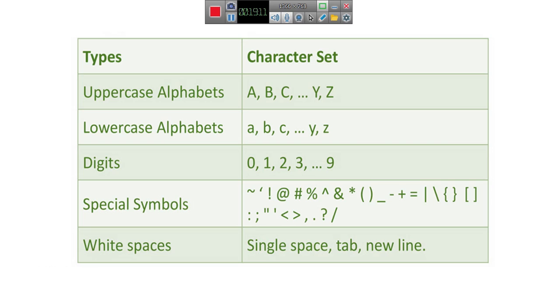These uppercase and lowercase alphabets, digits, special symbols, and white spaces constitute the C character set.